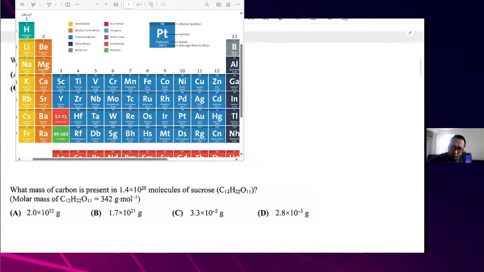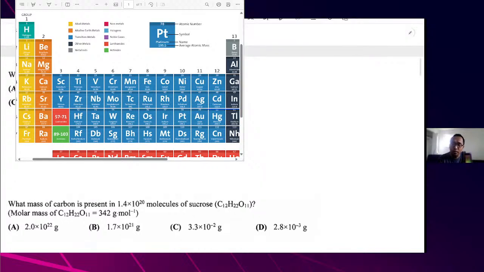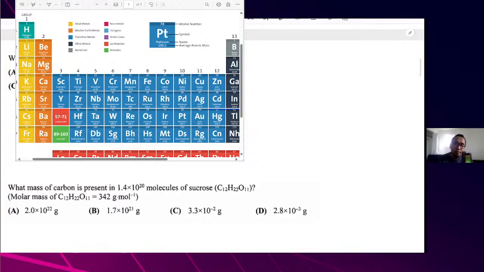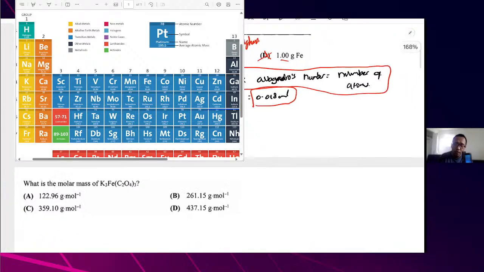Okay, just for recap, remember the Avogadro's number. What it's telling us is that 1 mole equals 6.022 times 10 to the 23 of anything. And then remember again the question, the number of atoms.